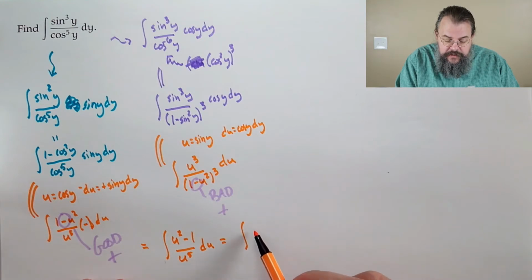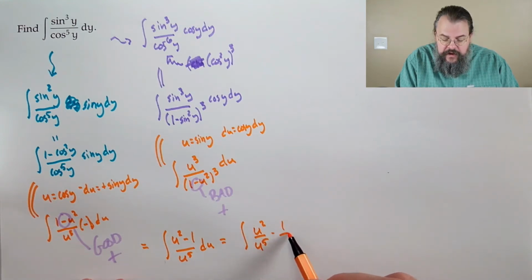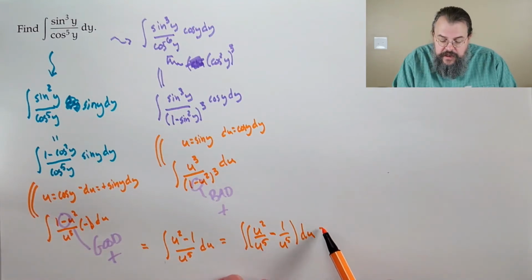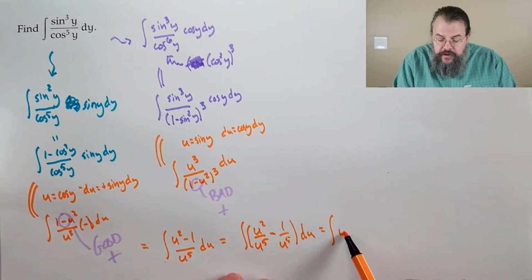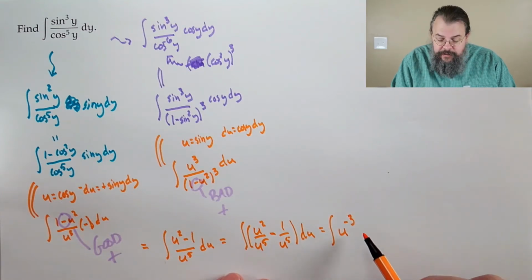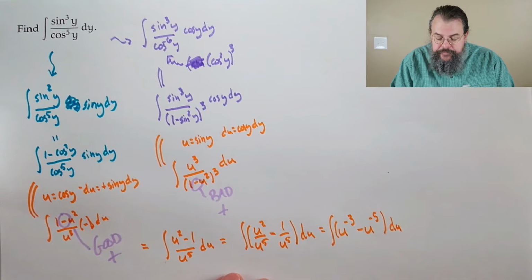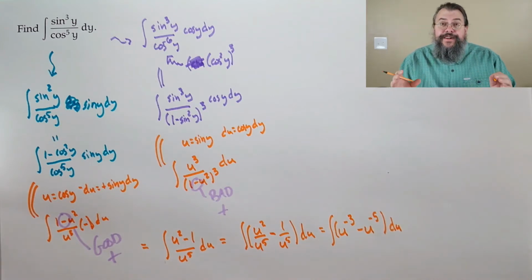We'll do it slowly here, so no one can accuse us of sleight of hand. So this is really the integral of u to the minus 3 minus u to the minus 5. Perfect, exactly the kinds of things we want to integrate.